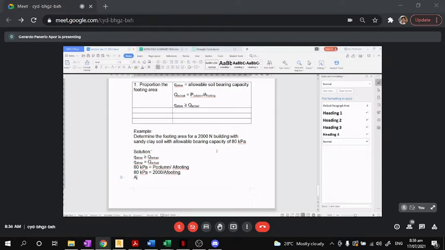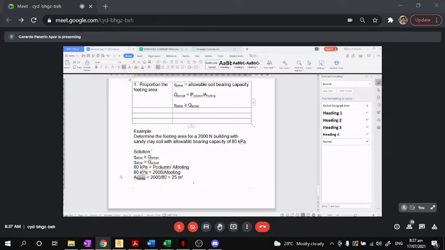So area of footing is equal to 2,000 divided by 80, and that is equal to 25 square meter. So that's it. Area of footing is 25 square meter.